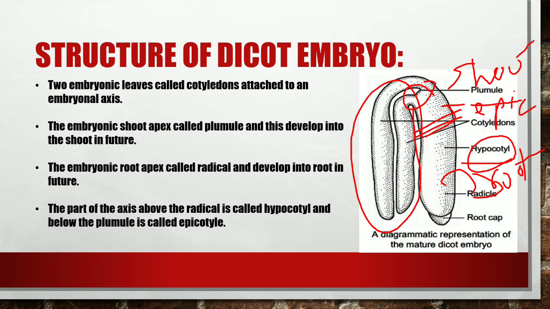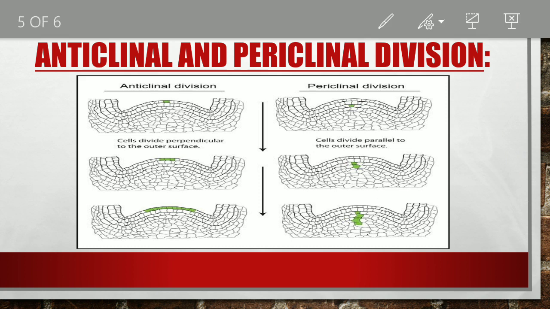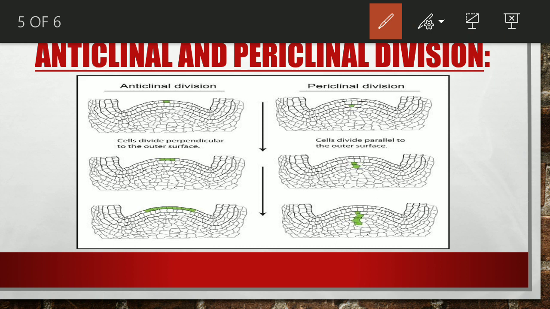Now, what are the anticlinal and periclinal divisions? The anticlinal divisions are perpendicular to the adjacent layer of the cells. So, what we get is columns of cells adjacent to one another.